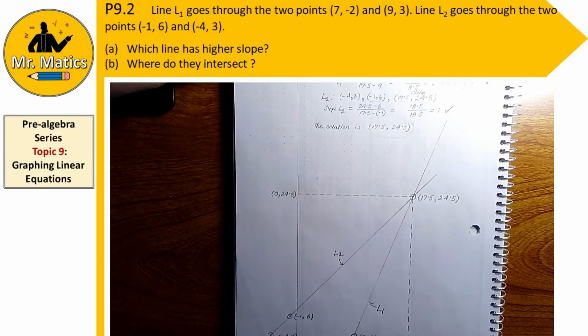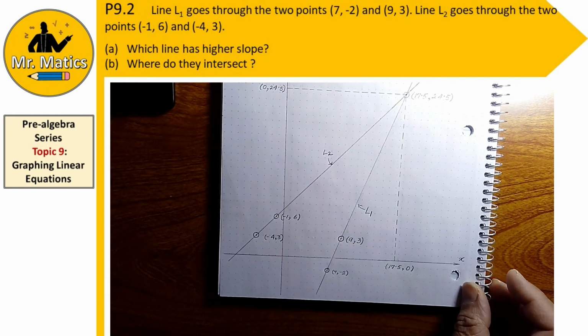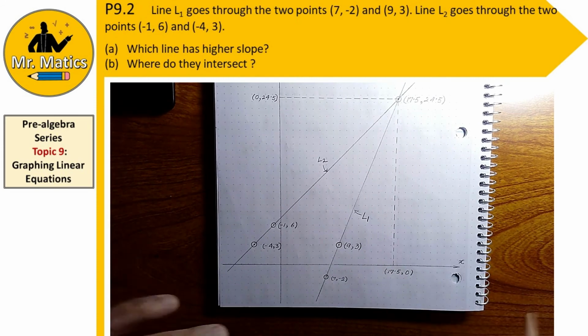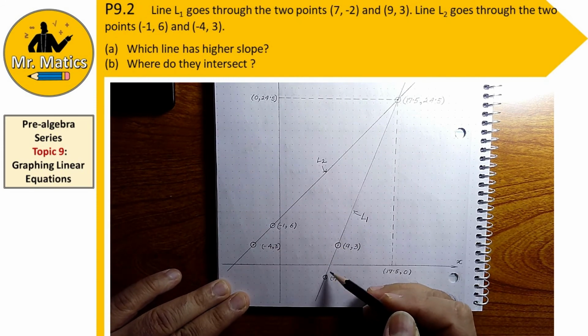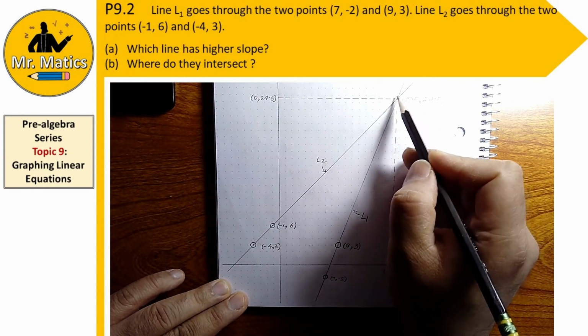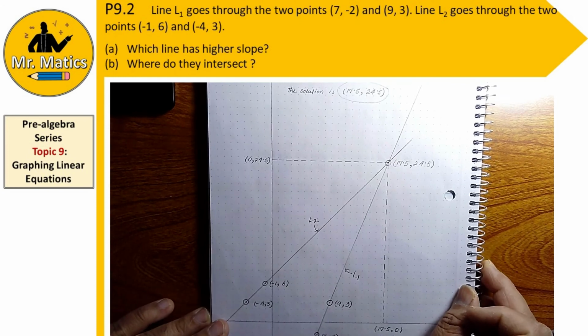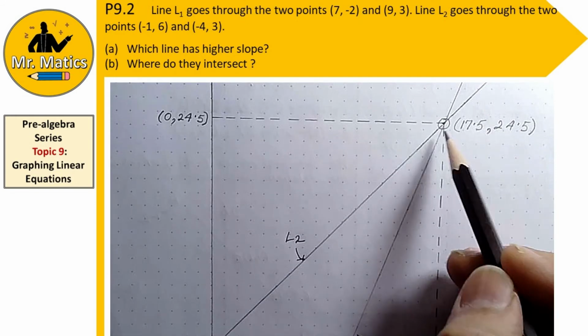We have drawn the x-axis and y-axis, and we have relocated these 2 points here and these 2 points here, and L1 and L2 are meeting somewhere here. It so happens that they are not exactly meeting on a grid line, more in the middle of the box.